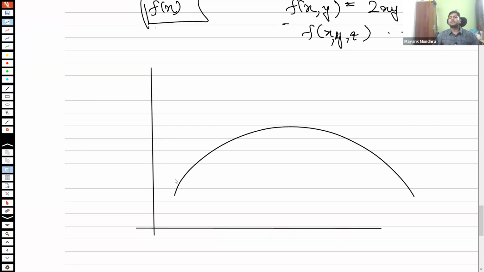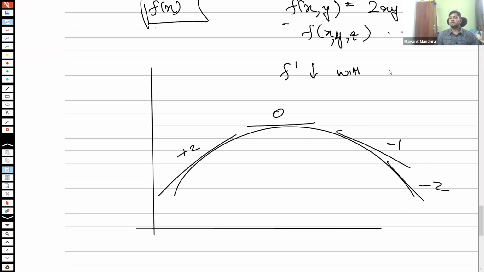As you can see, the slope is highly positive, less positive, then negative and increasingly negative. So f prime reduces with x, so f double prime, which is d by dx of f prime of x, has to be negative. So these are your concave functions.